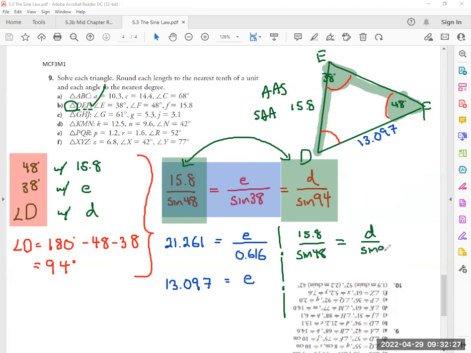So I do this. That's why I asked you to focus on the green rectangles. 15.8 divided by sine 48, I already know equals 21.261. And d over sine 94 is actually equal to 0.997 or something. How do I get d all alone?